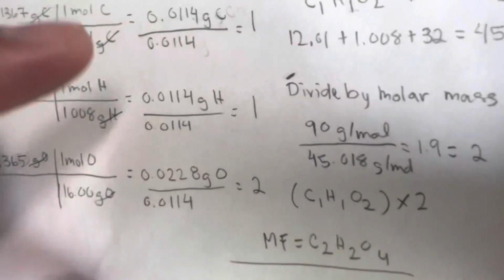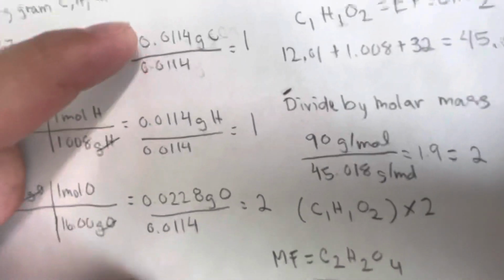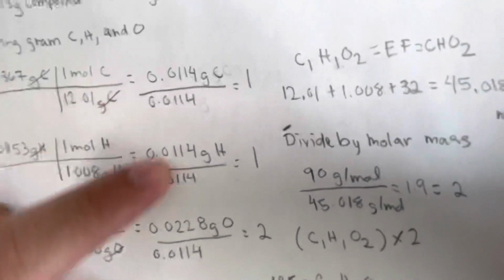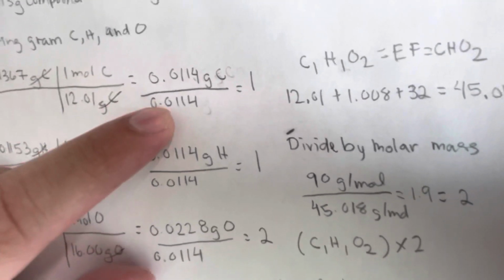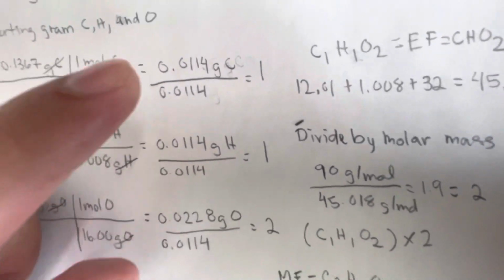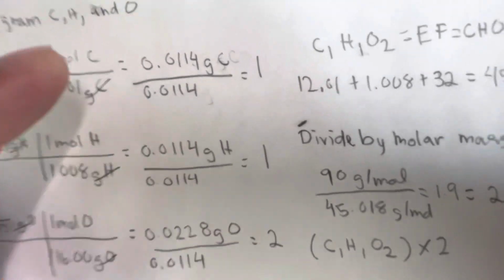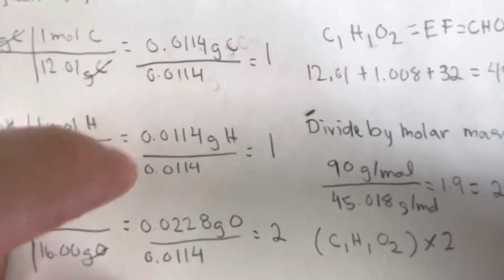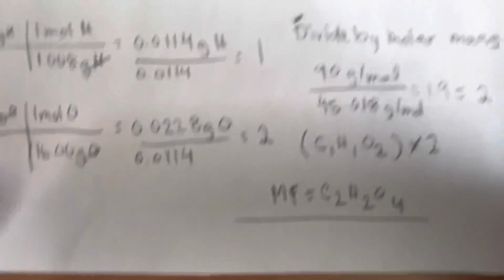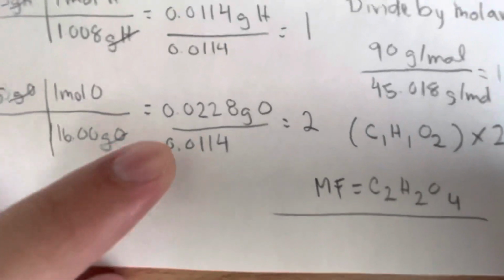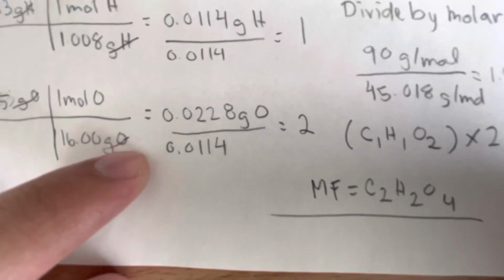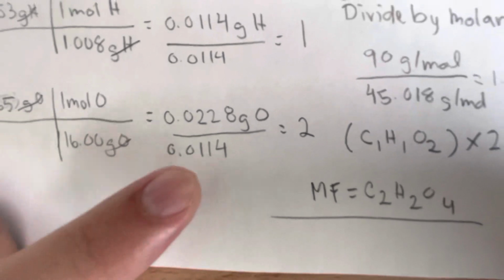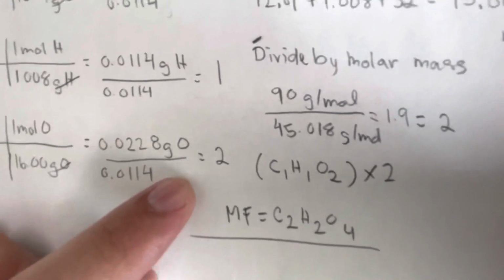Then I divide by the lowest number, which is 0.0114 moles of carbon and H. Since both of these are the same, it's going to be equal to 1. And when I divide 0.0228 moles of oxygen by 0.0114, I get 2.